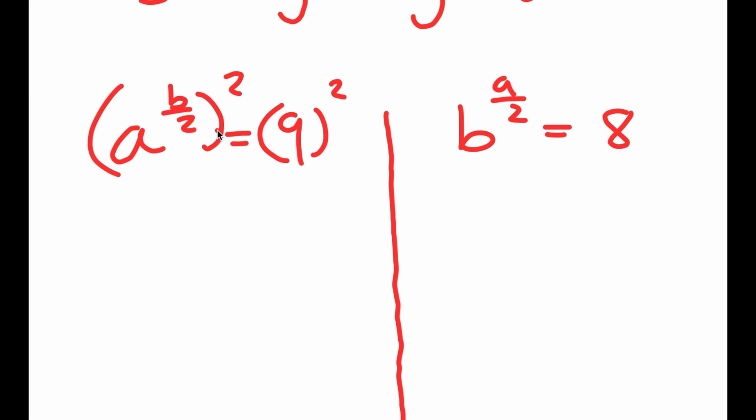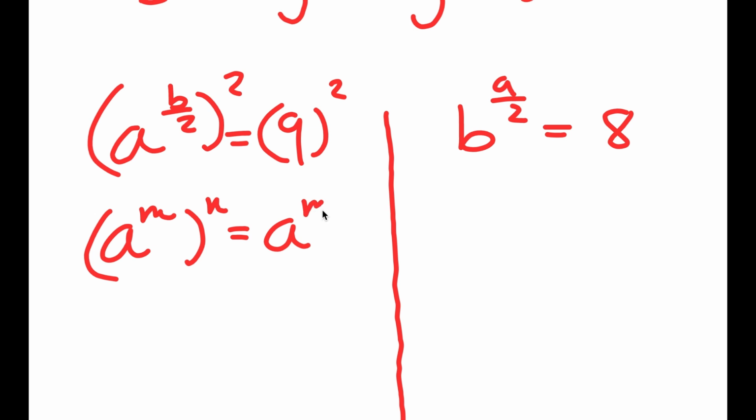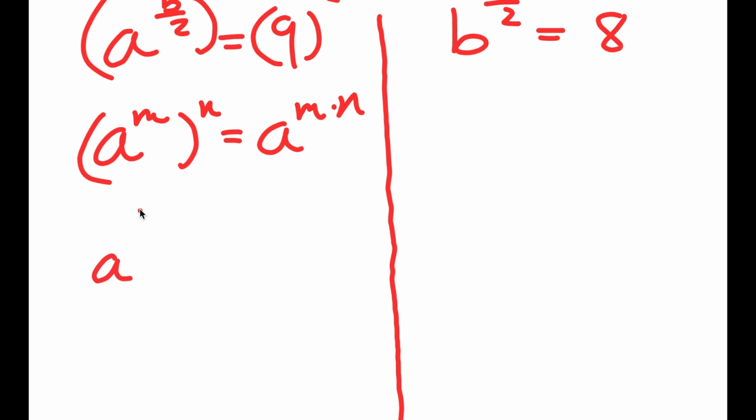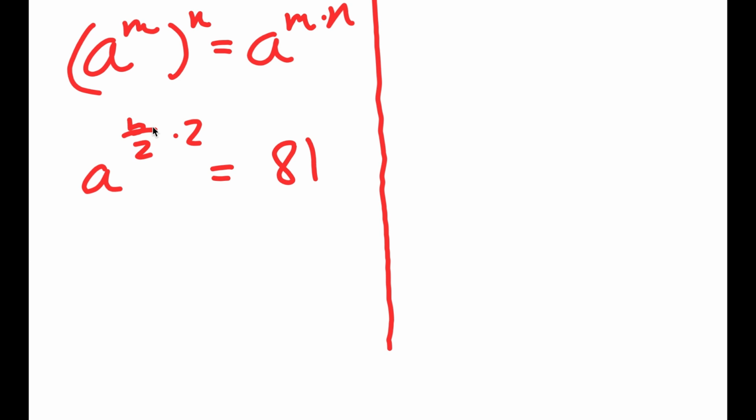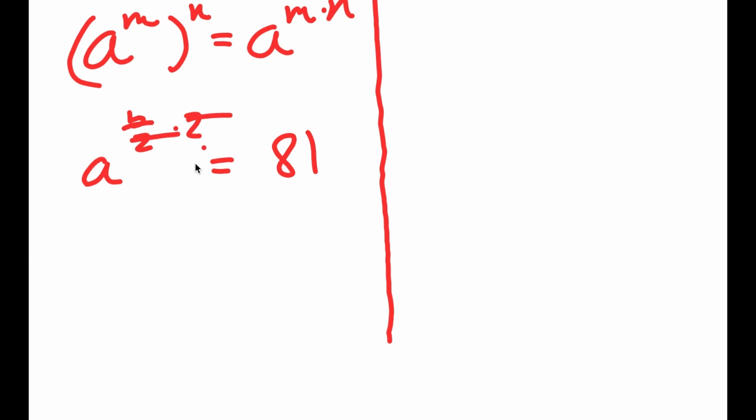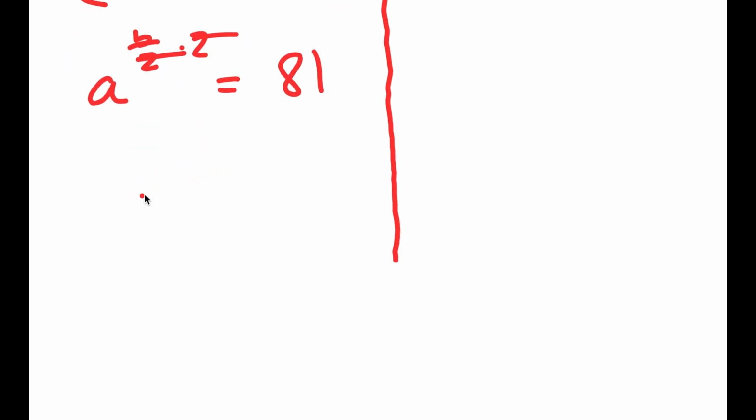So now if I square both sides, I'm going to use the formula a to the power of m to the power of n is equal to a to the power of m times n. So this turns into a to the power of b over 2 times 2 is equal to 9 squared, which is 81. b over 2 times 2, these two cancel out. So I'm left with a to the power of b is equal to 81.